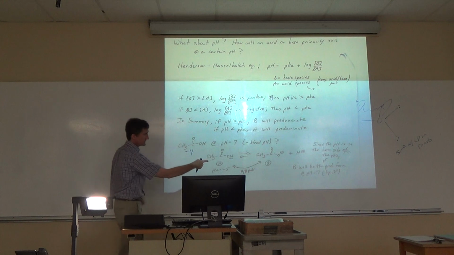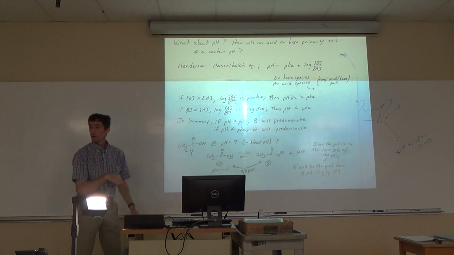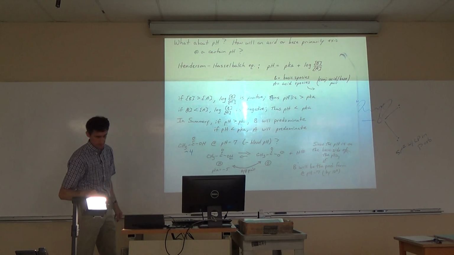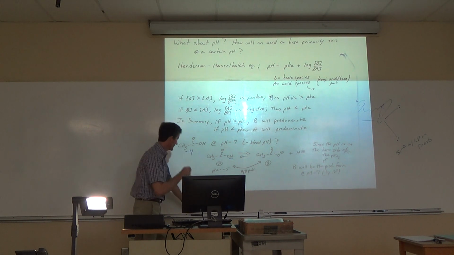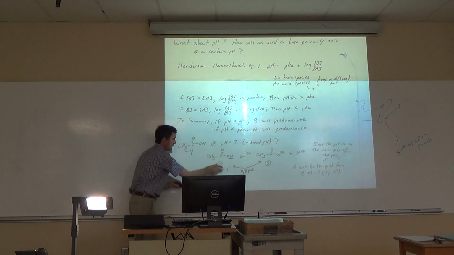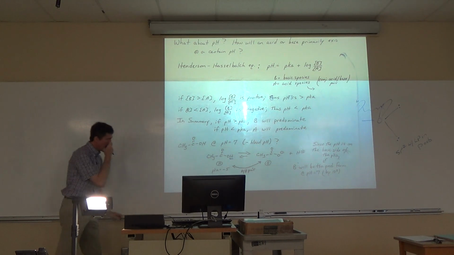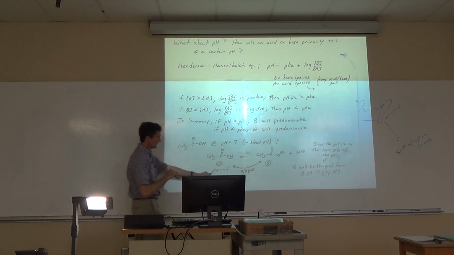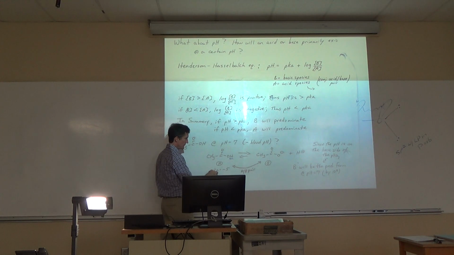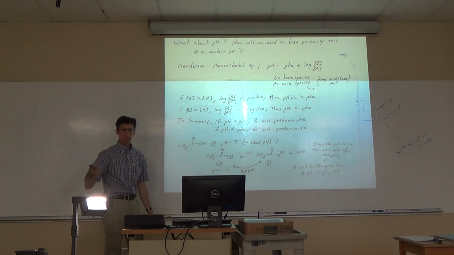About 4. Or do I say it's somewhere else? Yes, it's 5. Where is that? Right under where it says A, to your left. Okay, all right. It's about 4 to 5. Let's go with 5 since I wrote that there. Okay. So which one's going to be favored? Well, let's look at this. If pH is greater, we got to compare the pH to the pKa. And you got to be careful that you don't get it backwards in your comparison.